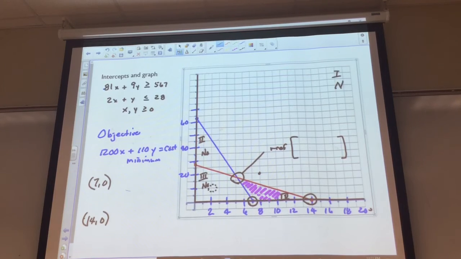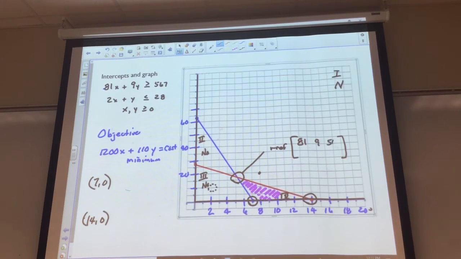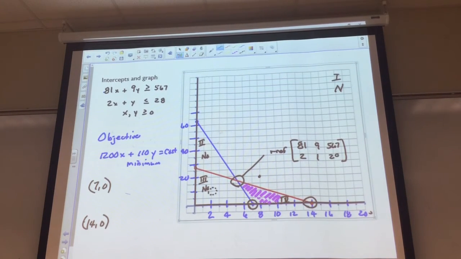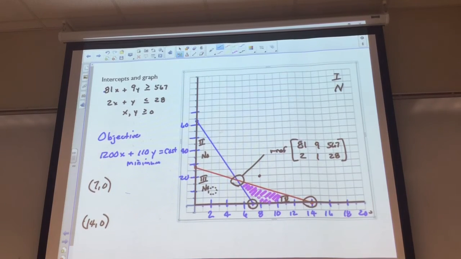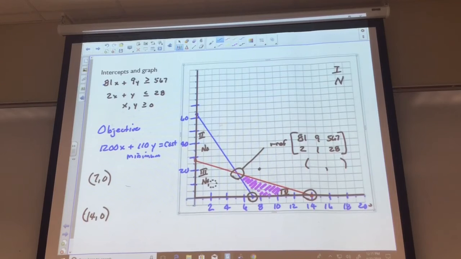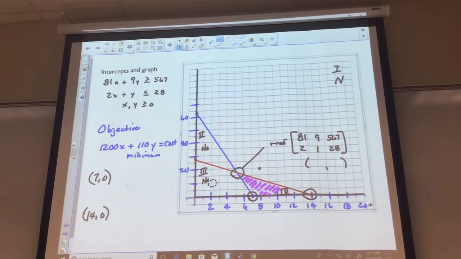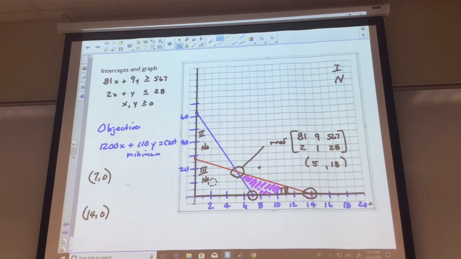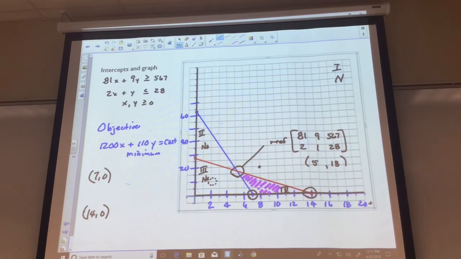Okay, so we have an 81, a 9, 567, 2, 1, and 28. And when we run that through the reduced row echelon form, it turns out that it's going to be a value of 5 and 18. But for my graph, it wouldn't have looked like 5 and 18, because it looked like I already went past the 5 line.